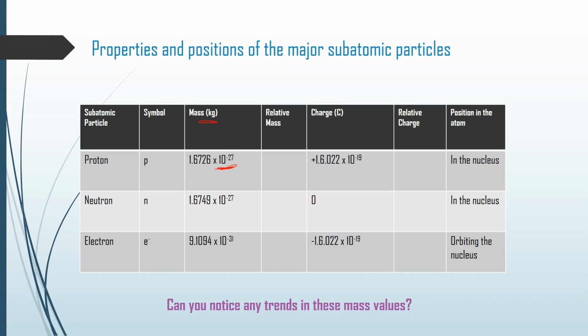It's just not feasible for us to picture a size this small or a mass this small. They also have individually quite a small charge, but the charge is a bit larger compared to their relative mass. So rather than talking about their actual mass in kilograms and their actual charge in terms of how much electricity they would carry, we give them a relative mass and relative charge to each other.